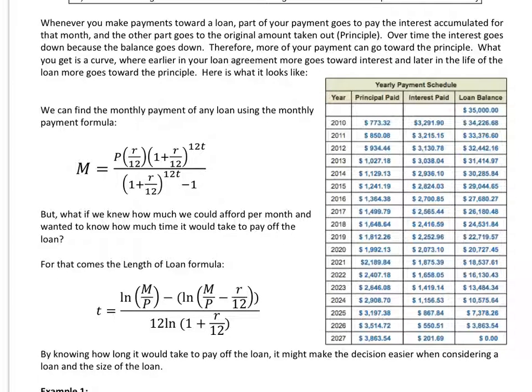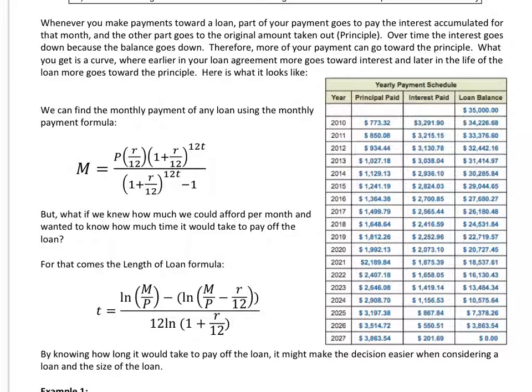This is an example of a table where the person is paying roughly $4,000 per year toward a particular loan. If we take how much principal is paid and how much interest is paid, this adds up to about $4,000. So they started with a $35,000 loan. Now, if they're paying $4,000 a year, after the first year, it should be at $31,000, right?